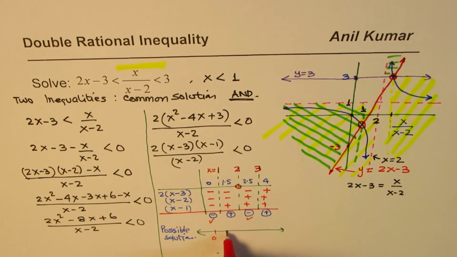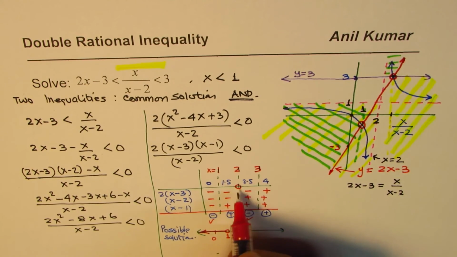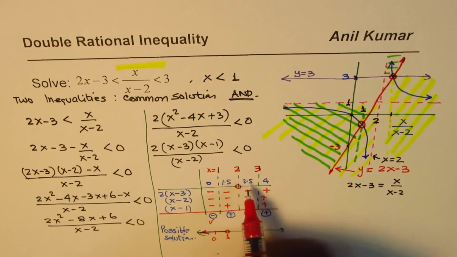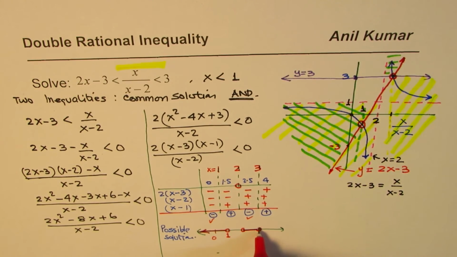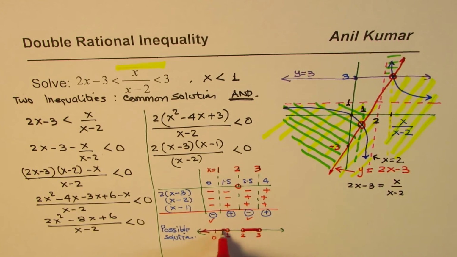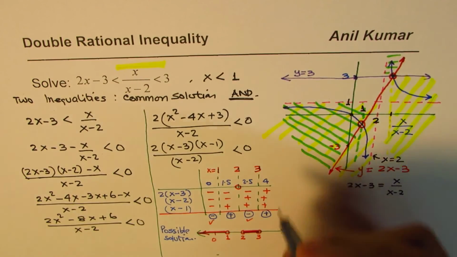One possible solution is from negative infinity to 1, and the other one is between 2 and 3. So that is the possible solution from the left side inequality, correct?